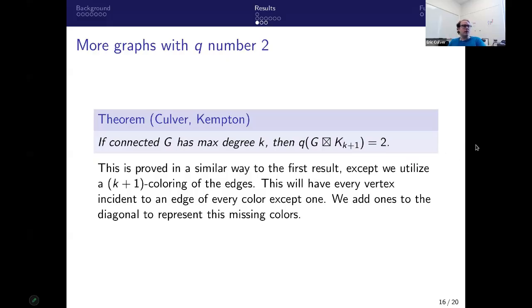We have to do some manipulation on the diagonal for this one. So we need to add ones to the diagonal to represent the colors that are not being hit on those vertices. So that's why we end up using the strong product, because we do end up with non-zero blocks on the diagonal for that one.